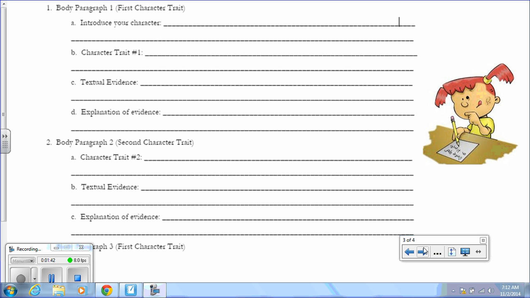So your body paragraph 1, we're going to choose our first character trait. You need to introduce your character. However, you can't just say, "My character is Winnie." Everybody's character is Winnie, and you need to make sure that you write this so that it doesn't look like an assignment. I chose to introduce May Tuck by saying May is the matriarch of the immortal Tuck family in Tuck Everlasting by Natalie Babbitt.